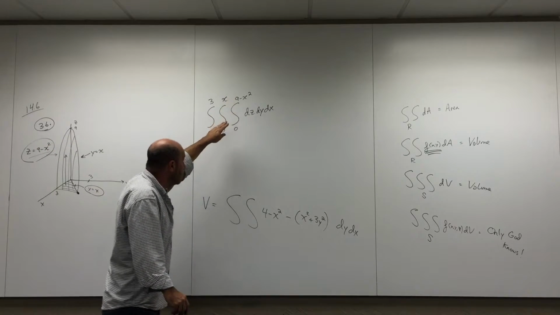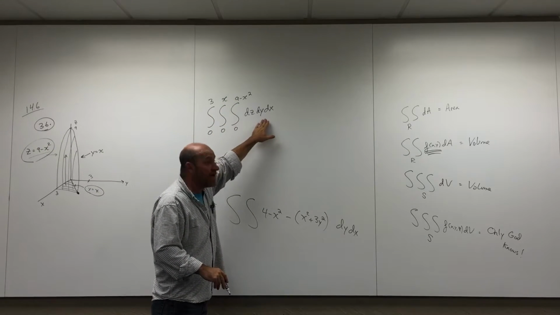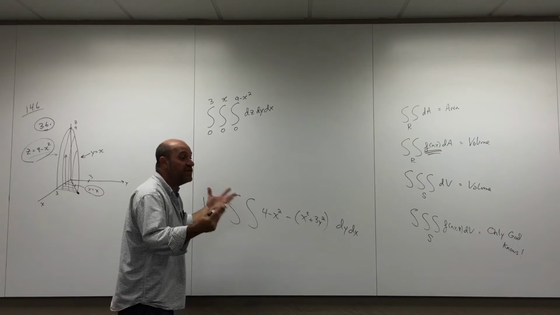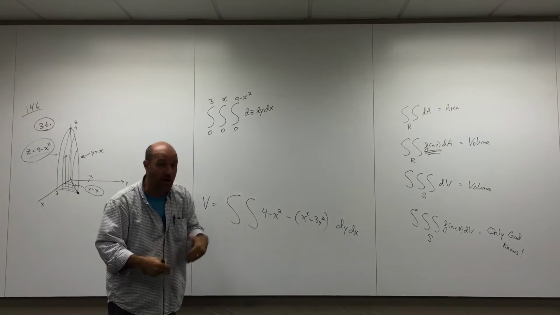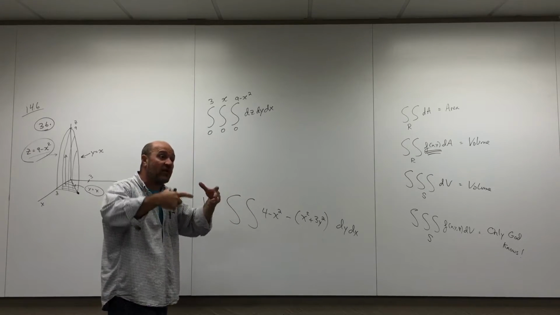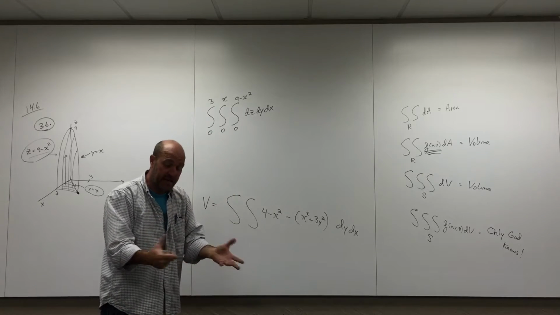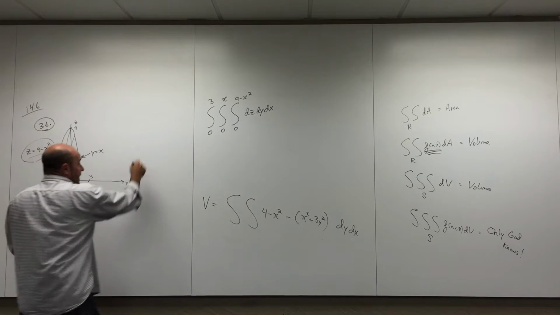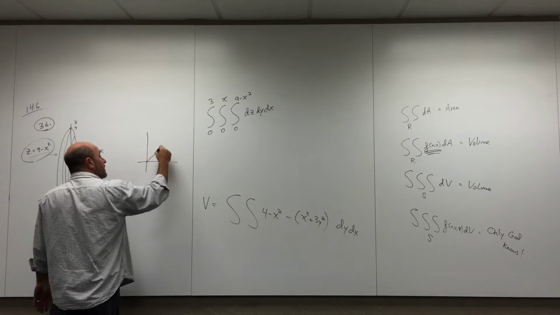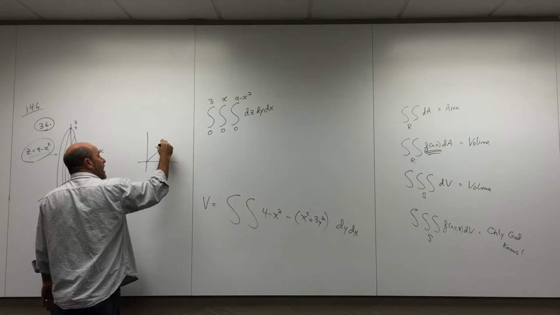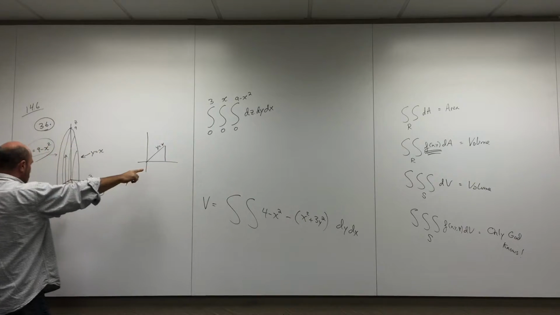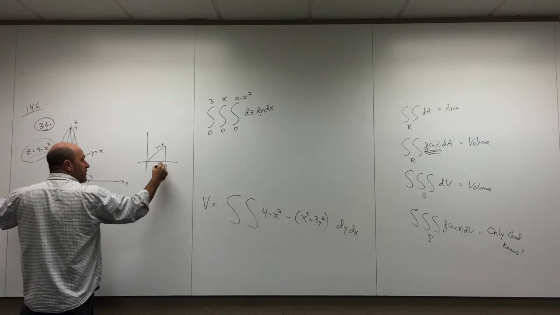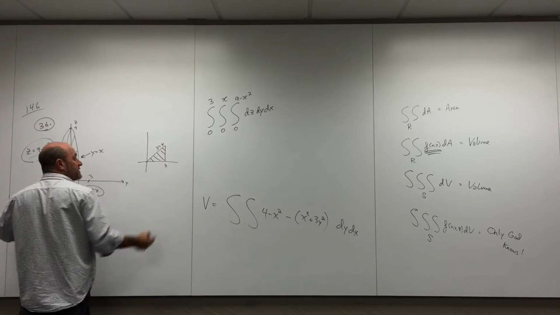After that's done, in order to figure out the other bounds, you can look at the 2D region over which you're integrating. Another way to say that is the shadow that this solid casts into the XY plane. I can see it right there, but if I blow it up a little, it looks like this. It's y equals x is this line, and it's bordering the x-axis at 3. Don't get the wrong axis there.